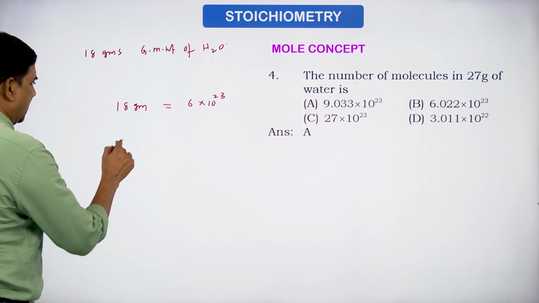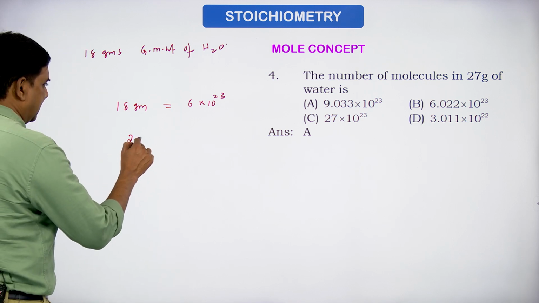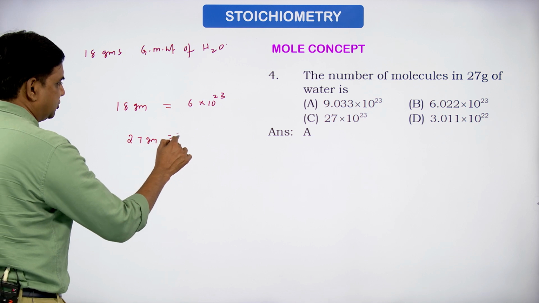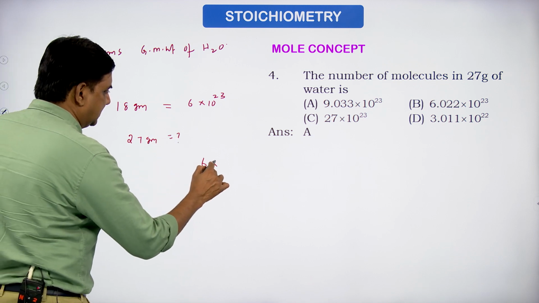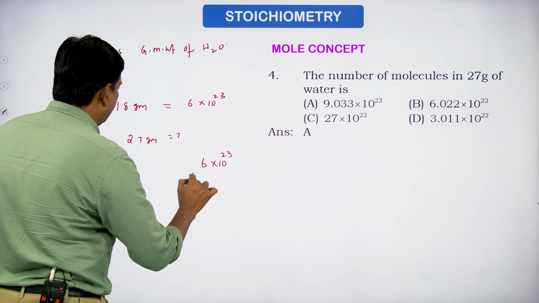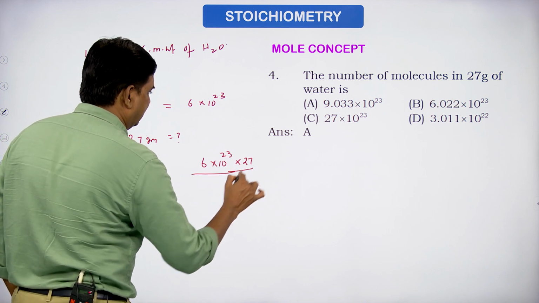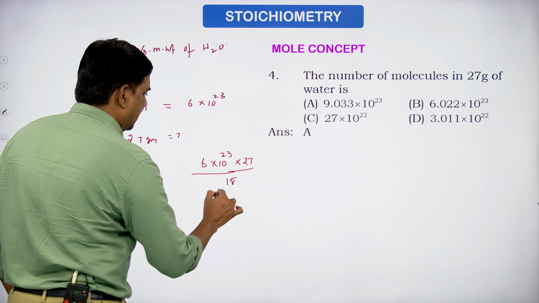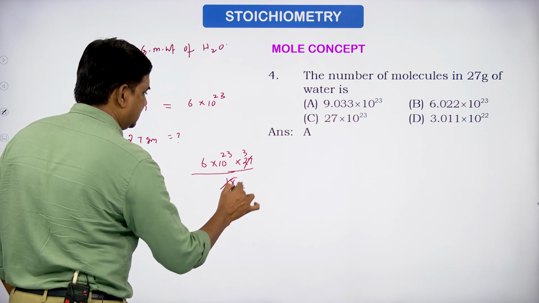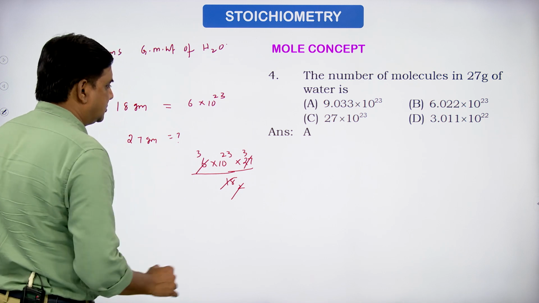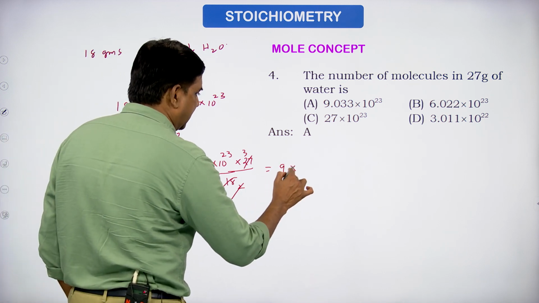You can write it like this: 6 into 10 power 23 into 27 by 18. 9 twos, 9 threes and 3s. So, this equals 9 into 10 power 23.